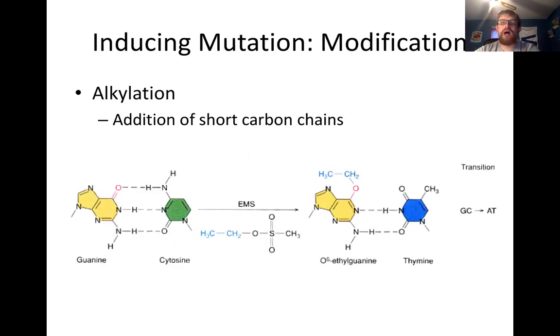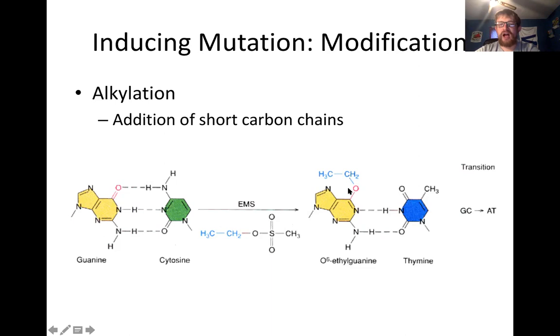So when we talk about modifications of nucleotides, one of the modifications that we talk about is something called alkylation. Alkylation is simply the addition of carbon chains. So here you have guanine and cytosine, right? Boom, 1, 2, 3 hydrogen bonds. We then add, though, a methyl group, which is basically this short carbon chain.